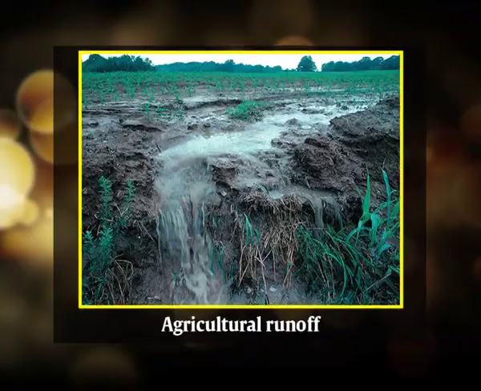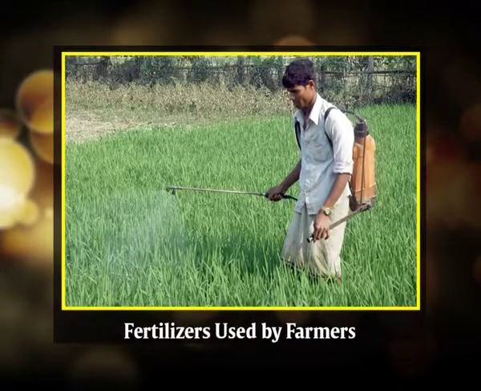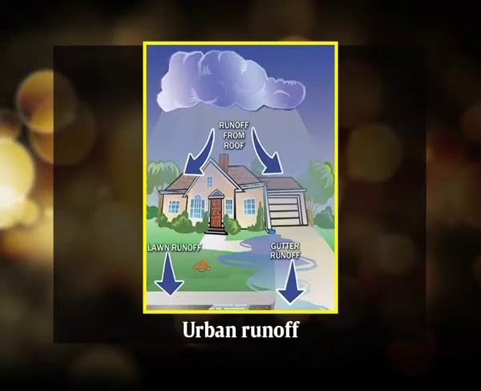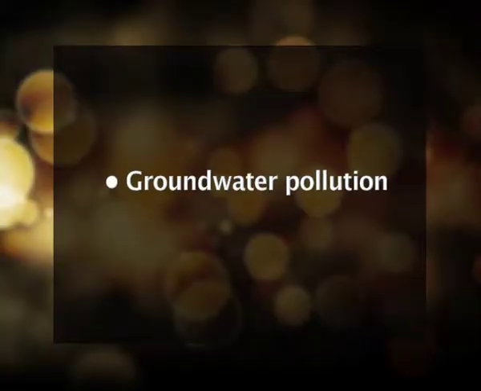Examples include runoff of excess fertilizers, herbicides, and insecticides from agricultural lands and residential areas, oil, grease, and toxic chemicals from urban runoff, and energy production and sediment from improperly managed construction sites, crop and forest lands, and eroding stream banks.